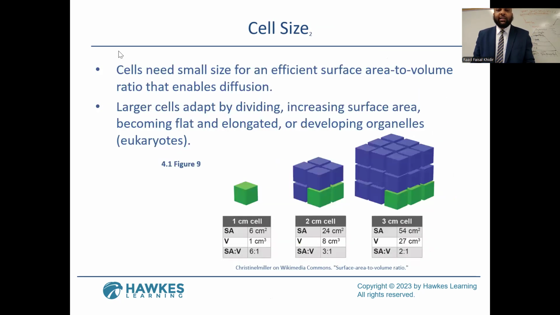Cells need small size for an efficient surface area to volume ratio that enables diffusion. You diffuse best if you have a small area. That concept is very important. Larger cells adapt by dividing, increasing the surface area, becoming flat and elongated, or developing organelles.